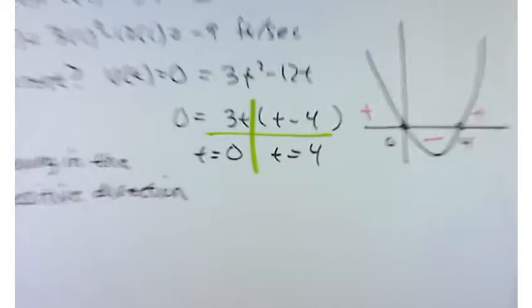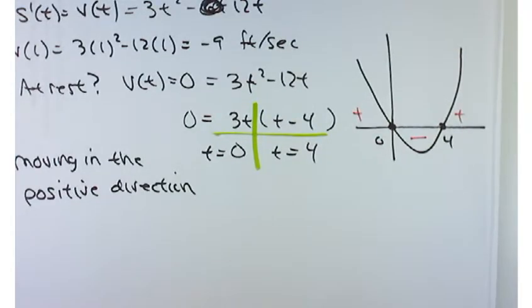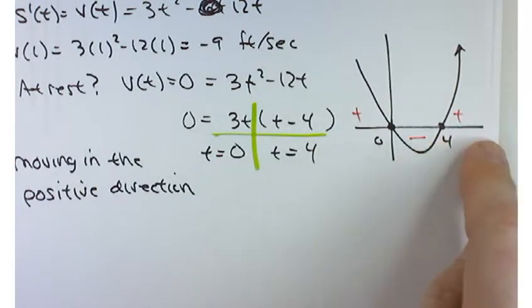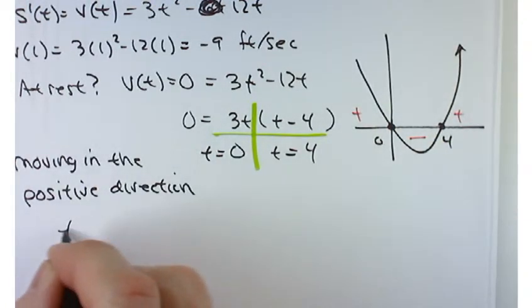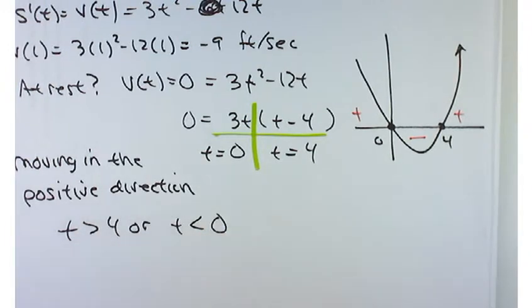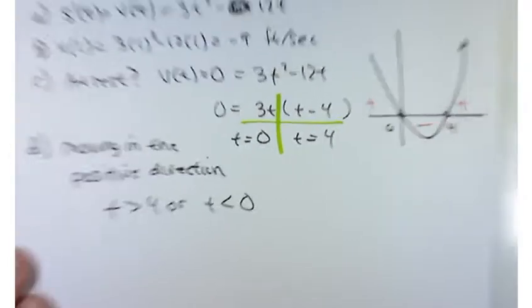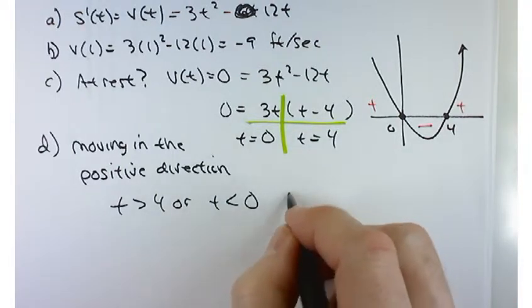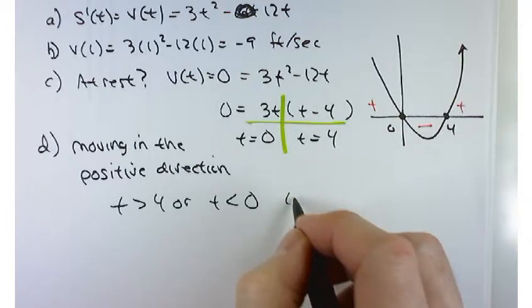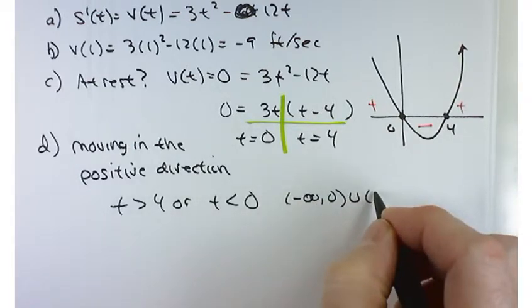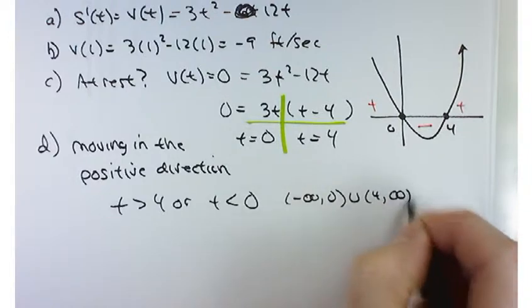So as far as when is it moving in a positive direction, that means t is greater than 4, or t is less than 0. So for those time values, the particle is moving in a positive direction. Now you could also write that with interval notation. This interval would be negative infinity to 0, parenthesis, union 4 to infinity.